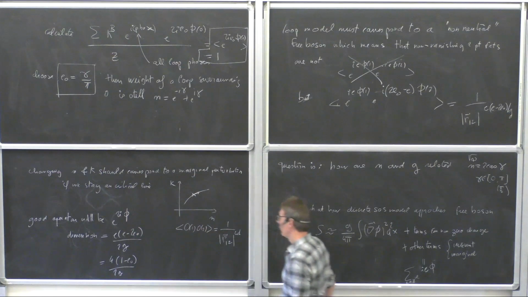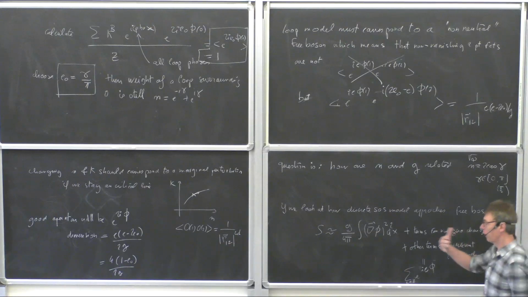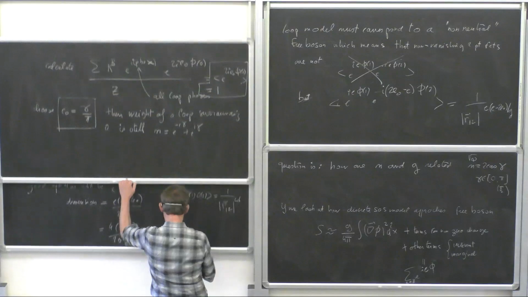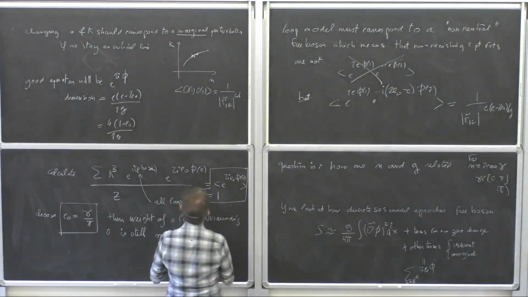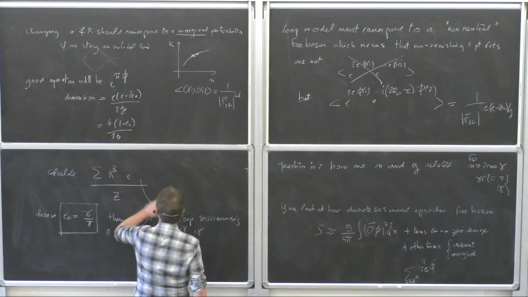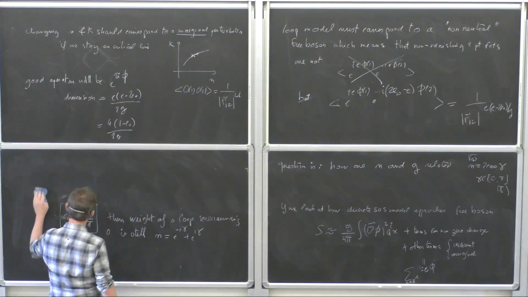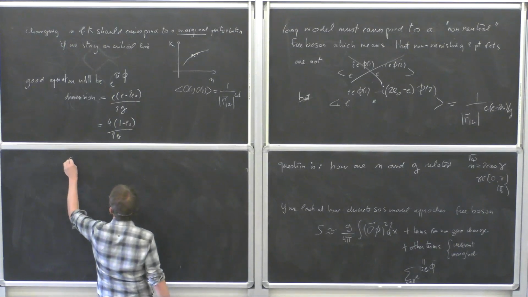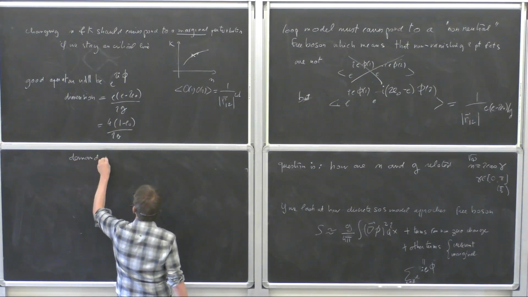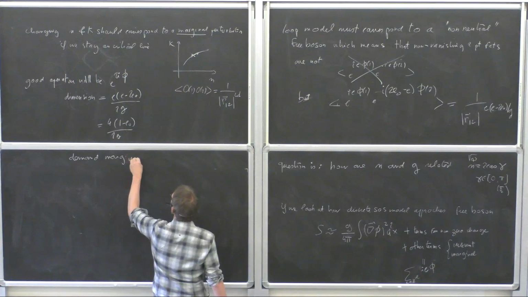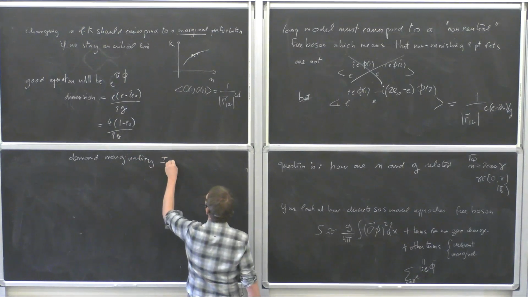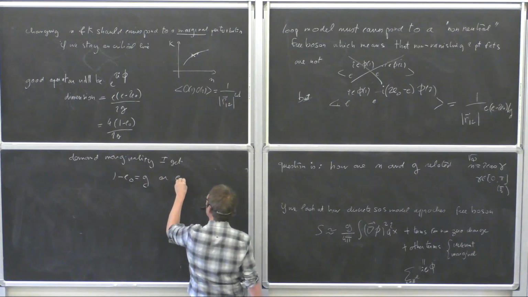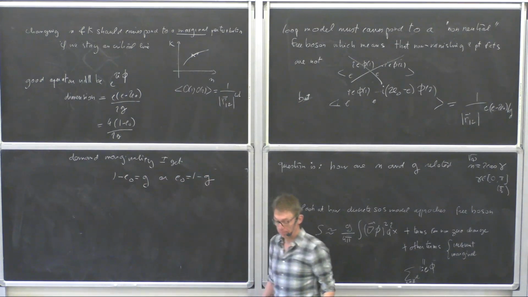Now the dimension of a marginal operator, I said it has to be marginal. A marginal operator is an operator of dimension exactly 2. That's the operator whose eigenvalue in the RG is 0. So if I demand that this is 2, if I demand marginality, I get 1 minus e naught equals g, or e naught is 1 minus g.